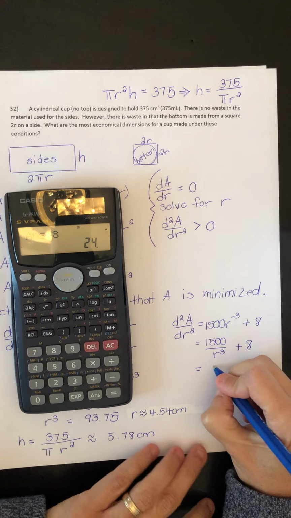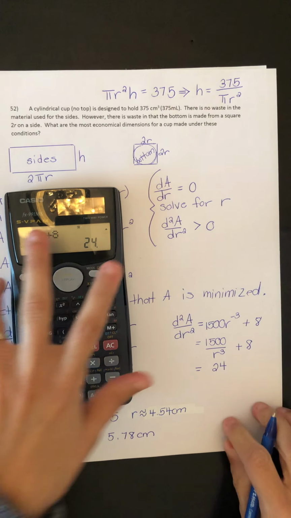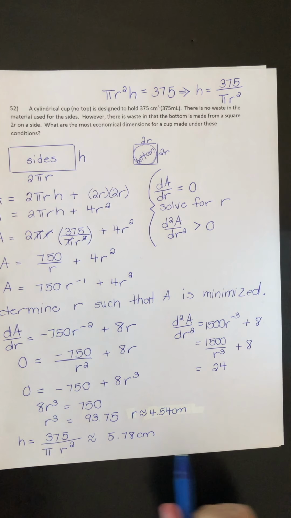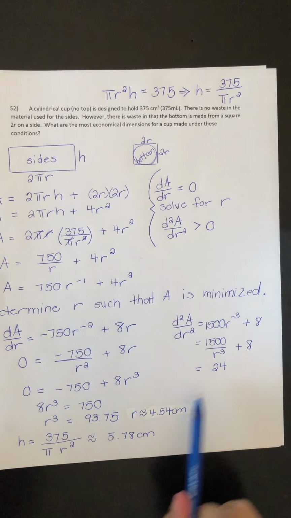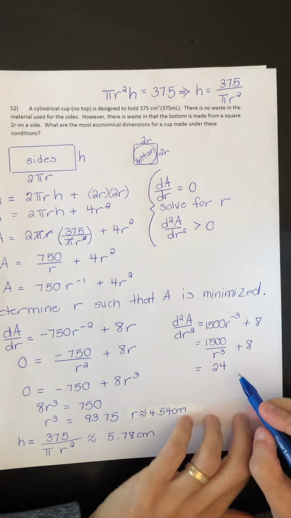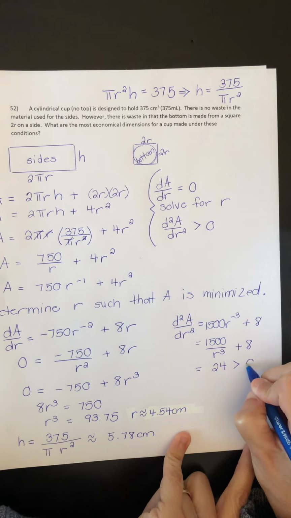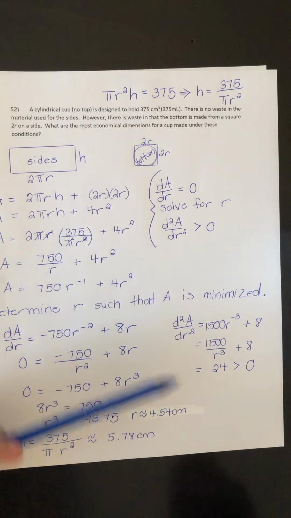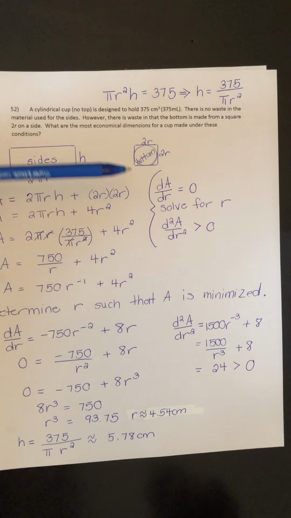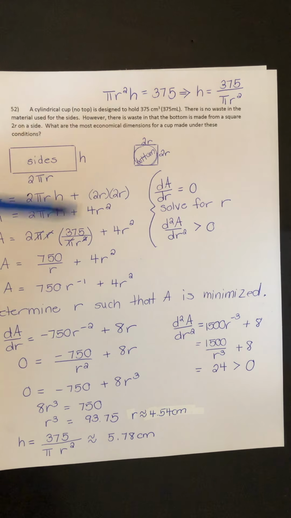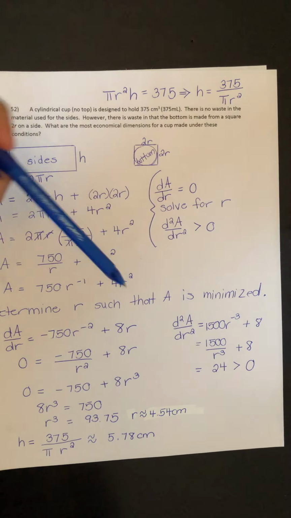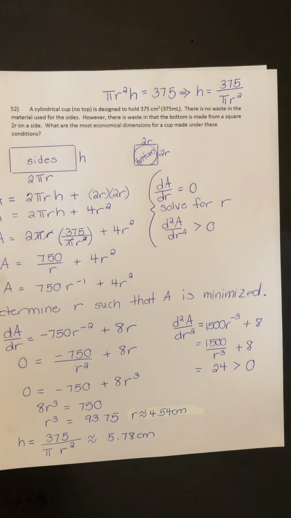Okay, so it's actually equal to 24. The second derivative at this radius value is exactly 24. We don't care about the numeric value, but we do care that it is greater than 0, which confirms that we have found the radius value that does provide for a minimum amount of material.